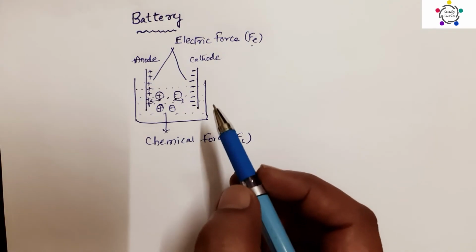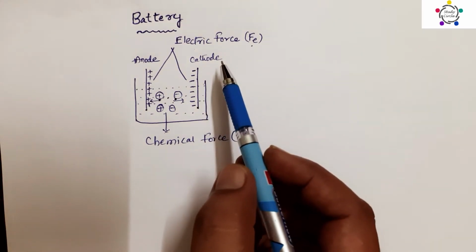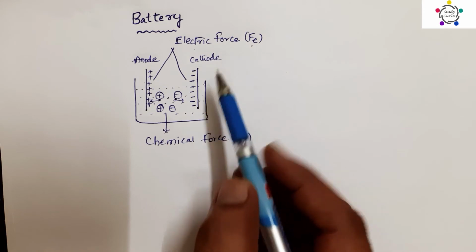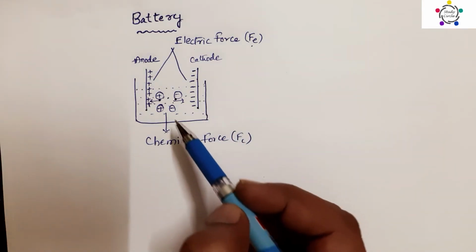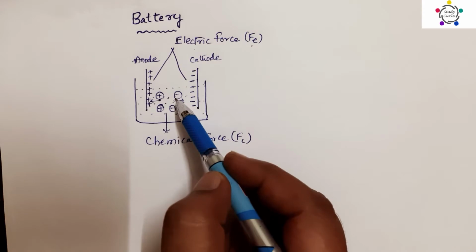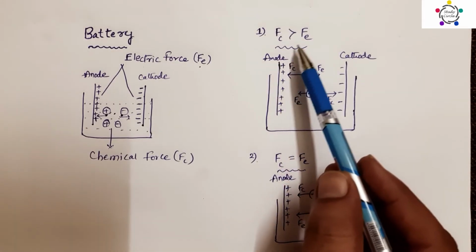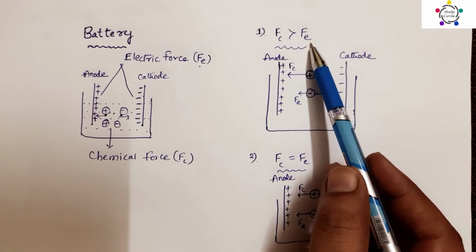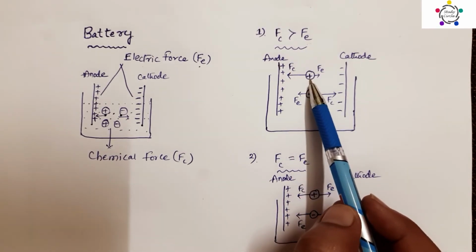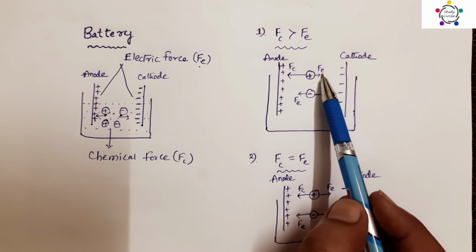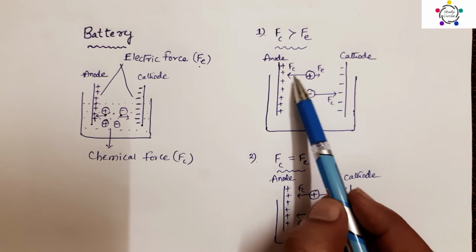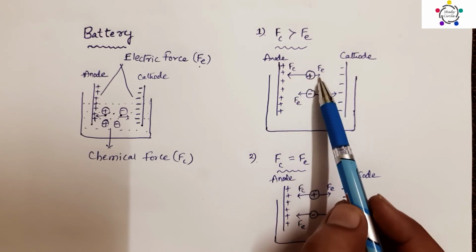Now we are going to learn the behavior of electric force and chemical force on the ions. First condition: whenever the chemical force is greater than the electric force, the chemical force on the positive ion is more than the electric force. We can see here the magnitude of the chemical force and electric force.